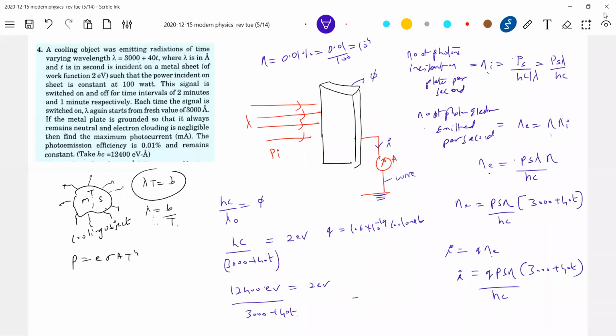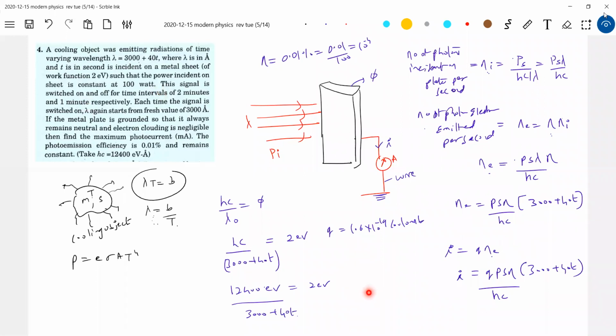Why should I think about the time? Look at the question. You can't take it for granted. The signal is switched on and off for time intervals of 2 minutes: for 2 minutes it's on, then for 1 minute it is off.